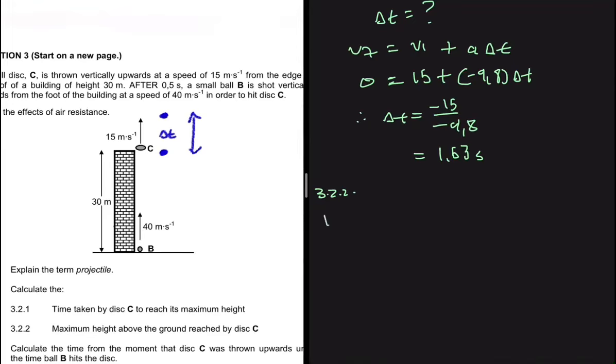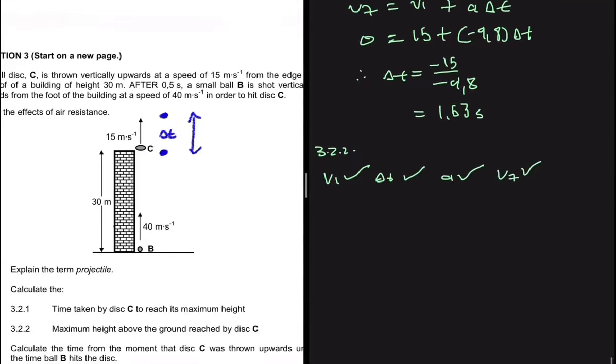So we have VI, obviously, because it is given to us. And then we have delta t, which we calculated in 3.2.1. And then what else do we have? We have acceleration, as we always do. And we have VF, right? I think that is it. So we can use the formula delta y equals VI delta t plus a half A delta t squared, right?